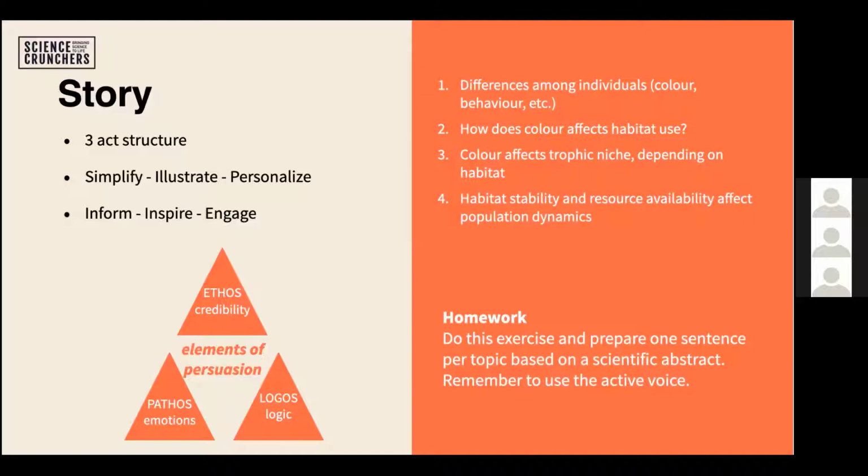These are simple ways to make people visualize what you're saying and provide examples of differences among individuals. This happens for tiny shrimp, but also between us as humans and our pets, our dogs and cats. So you can use these ways to make it more simple.